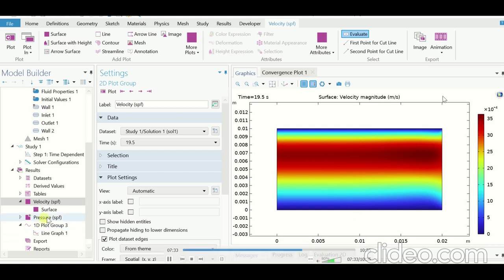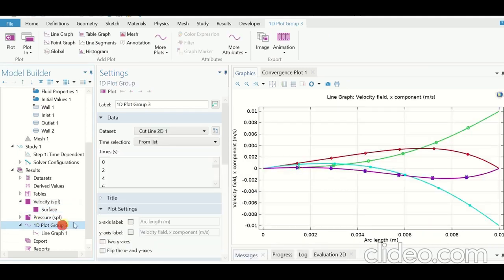And this line is for the time of 19.75 seconds. At this moment, the top plate is moving to the left side. So the liquid adjacent to the top plate is also moving to the left side because of the no slip condition, and you can see a negative velocity here.